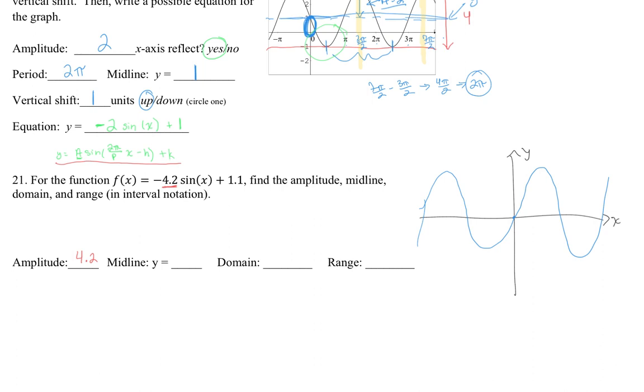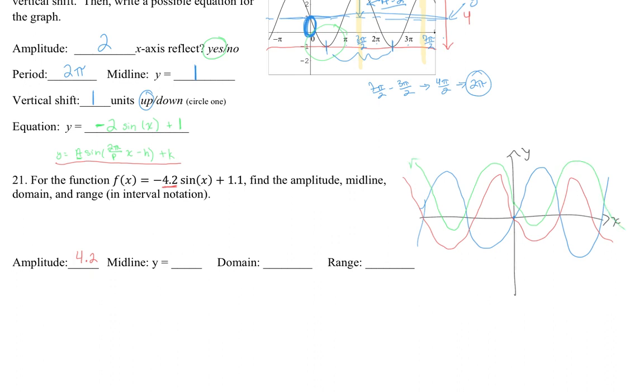So this graph here is reflected. It looks something like the opposite of this, right? But it's also shifted up 1.1. So it is still the opposite, but it's shifted up to here. So it's shifted up 1.